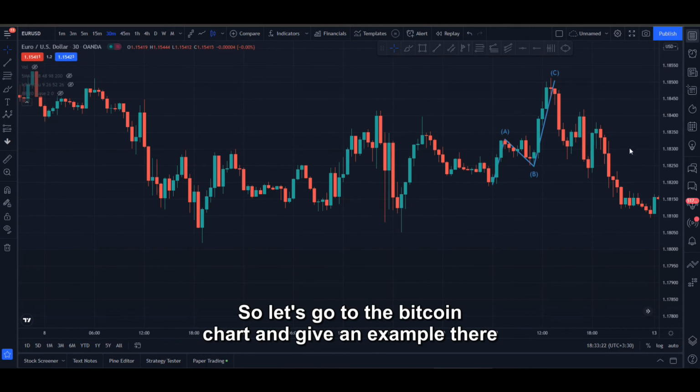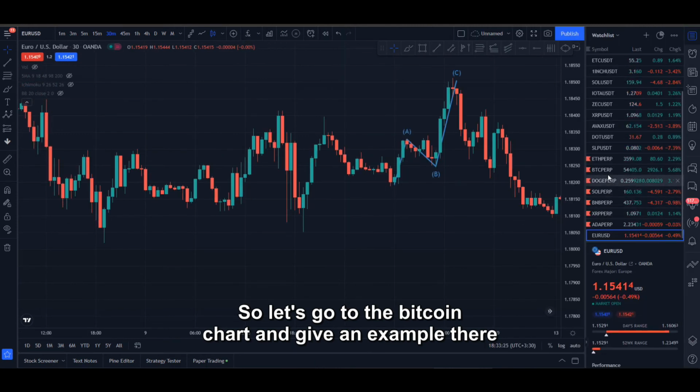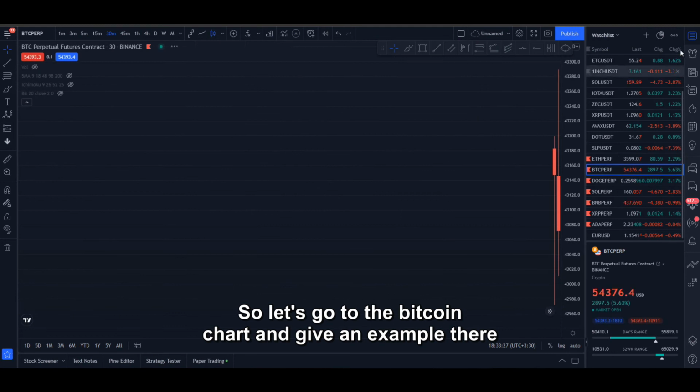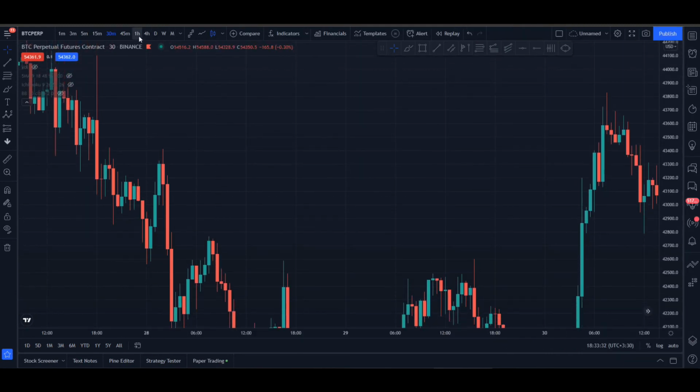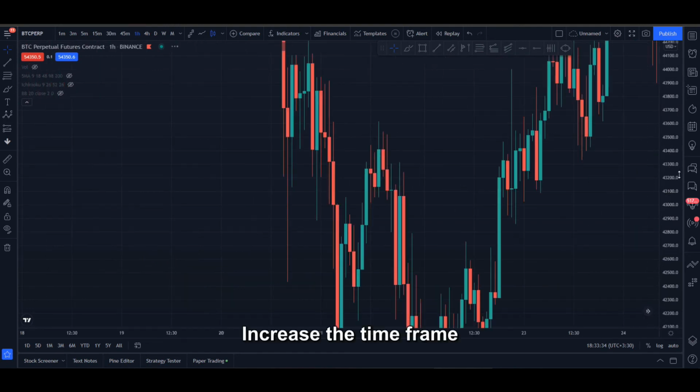So let's go to the Bitcoin chart and give an example there. Increase the time frame.